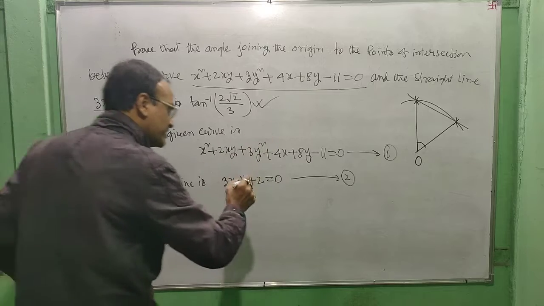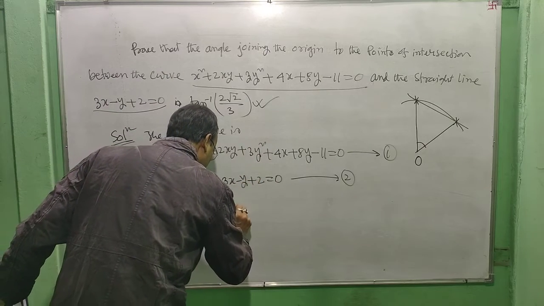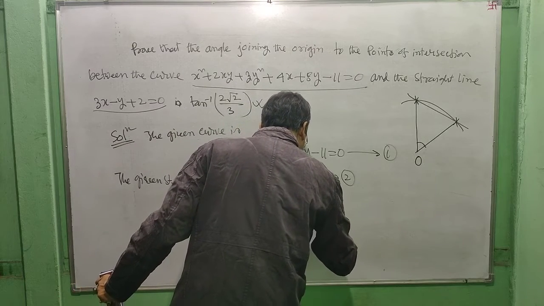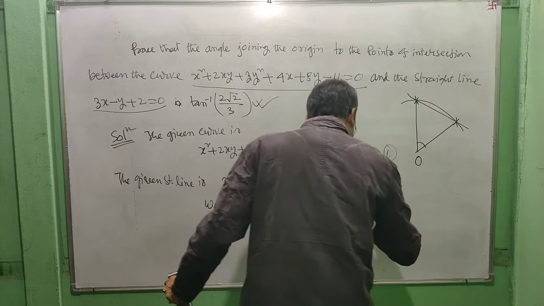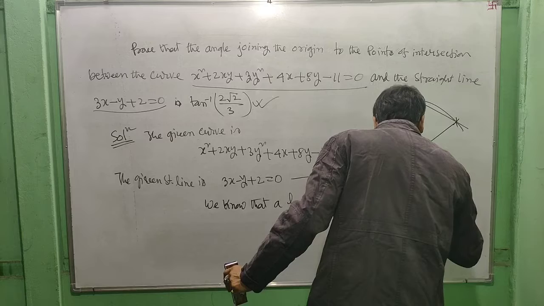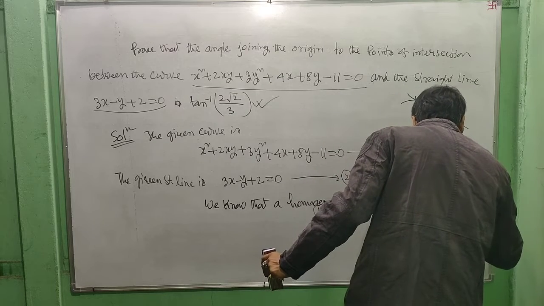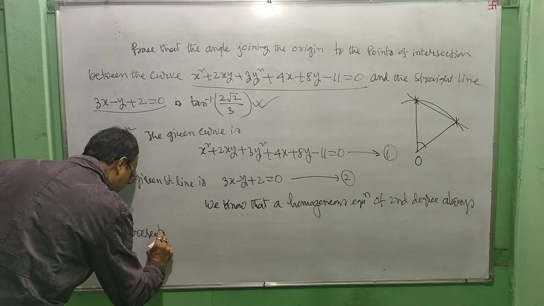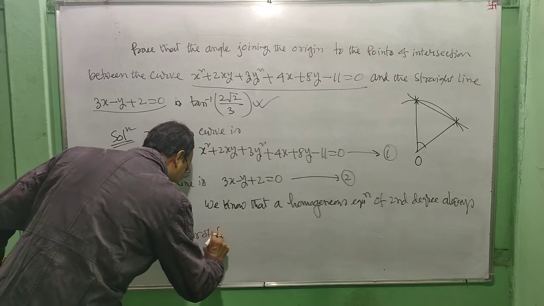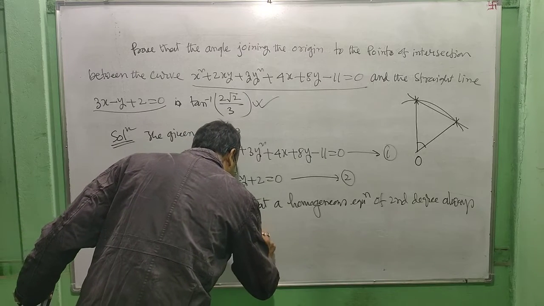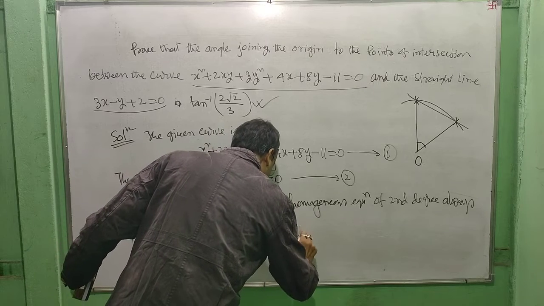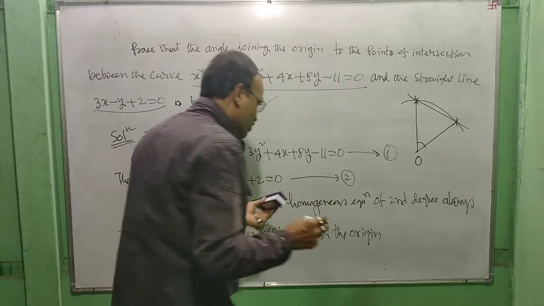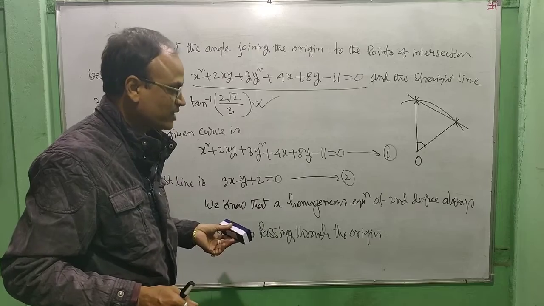Now we write like this. We know that a homogeneous equation of second degree always represents a pair of straight lines passing through the origin.